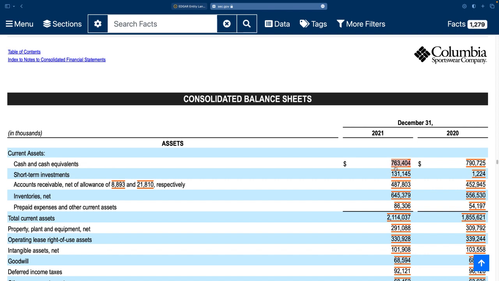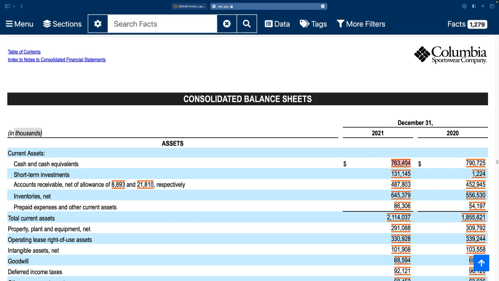That doesn't mean they have $763,404 in their bank account, because this number is in thousands. So you've got to put 3 zeros behind that number, and behind all of these numbers on the balance sheet. So this really means that they have $763,404,000 in the bank. Not 763,000, but 763 million, because this says in thousands.